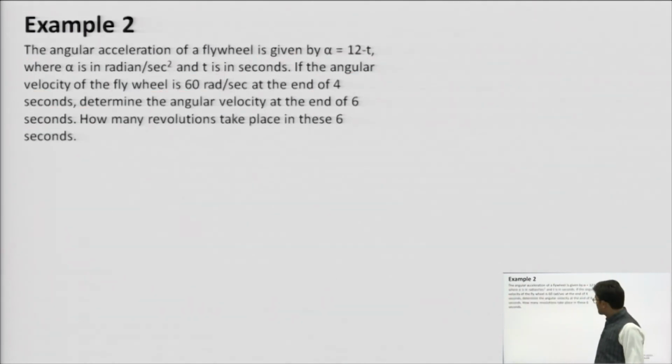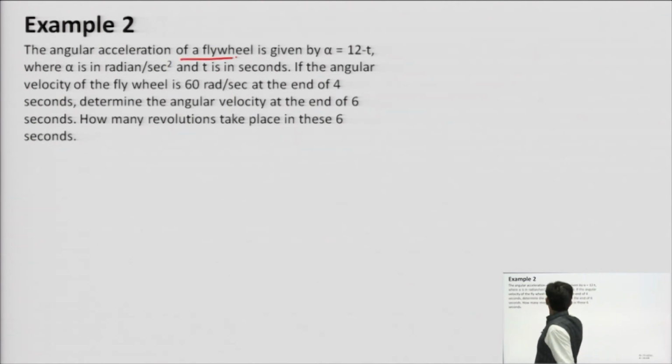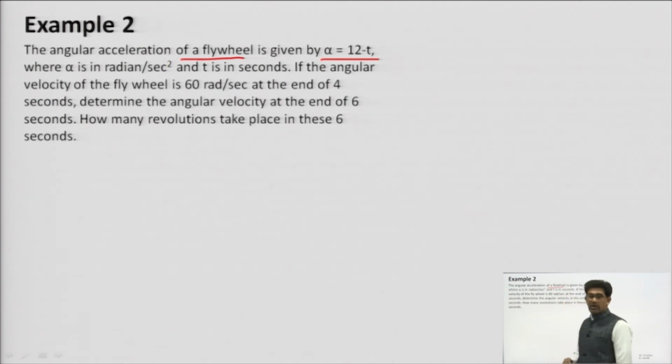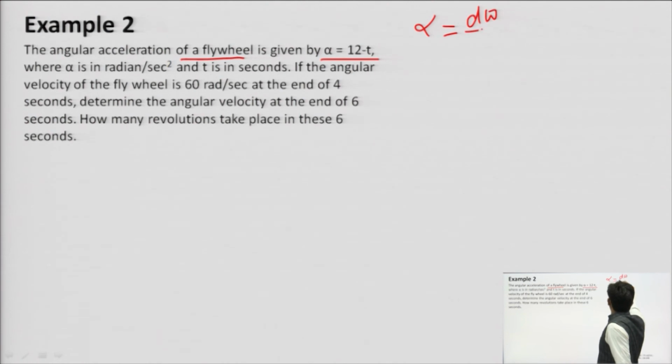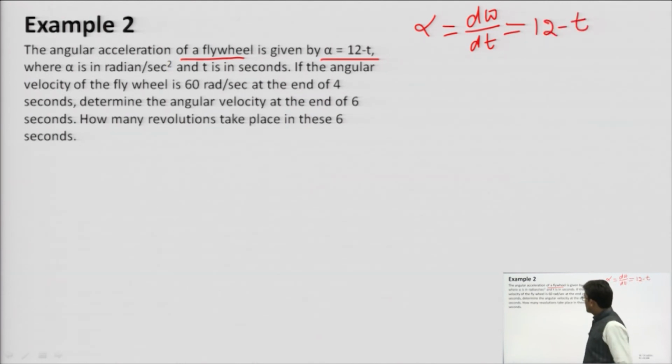In the second question, angular acceleration of a flywheel is given by alpha, which means d omega by dt, equal to 12 minus t, where alpha is in radian per second square and t is in seconds.